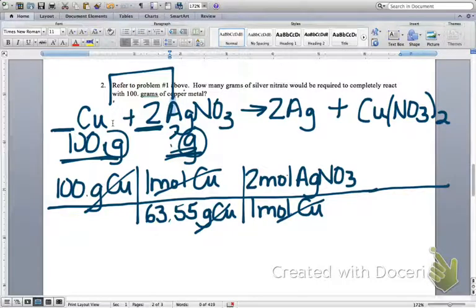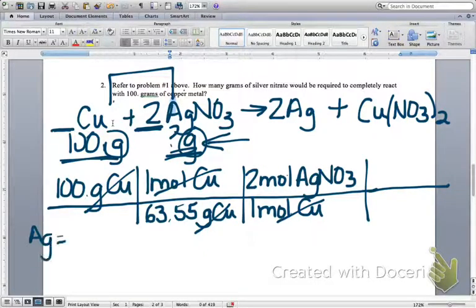Okay? Now, I need to convert moles of silver nitrate to what unit? What is the final unit that they asked me to solve for? Grams. So I need to convert moles of silver nitrate into grams of silver nitrate. So to convert between moles and grams, what do I need again? We need molar mass. Where do I get molar mass from? Periodic table.